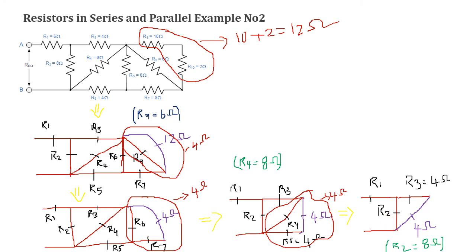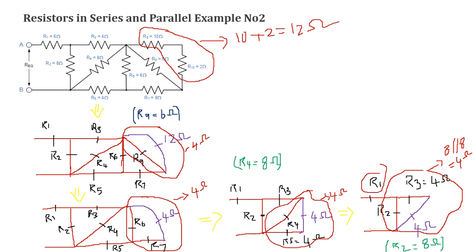Therefore 8 ohm connected in parallel with this 8 ohm, then the equivalent resistor will again be 4 ohm.